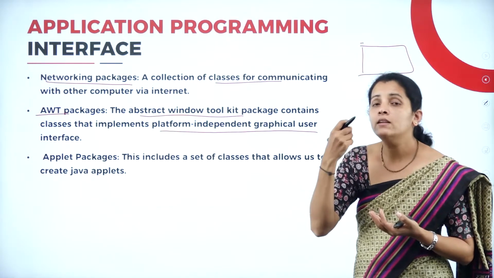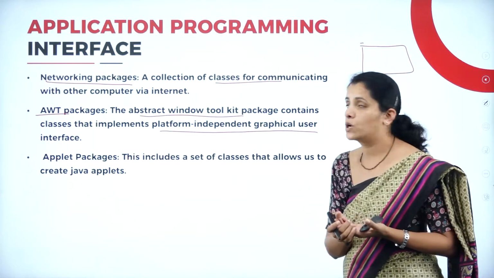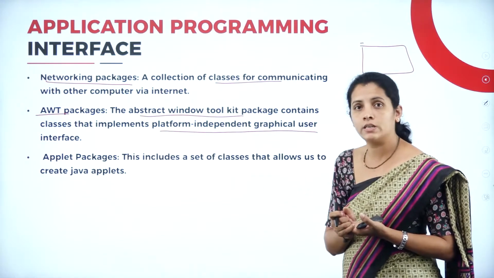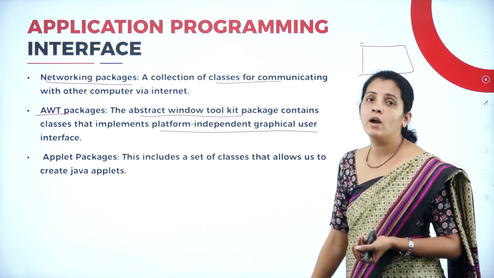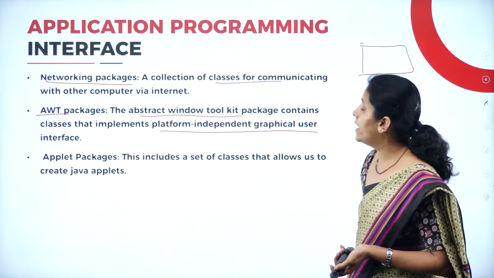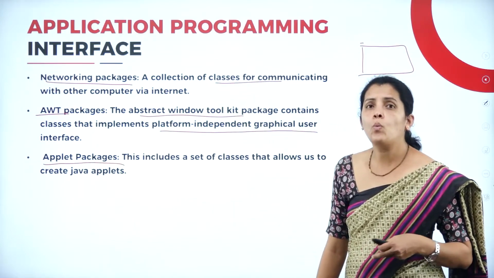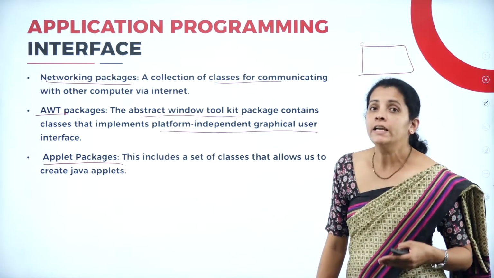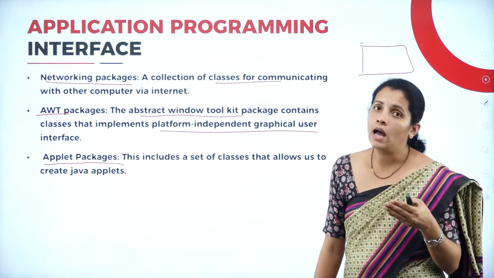To design this kind of form, once again, we require graphical user interface, and that can be achieved with the help of the abstract window toolkit. And at the end, I'm going to have the applet package. So what is the applet package? It includes classes and methods to run applets.